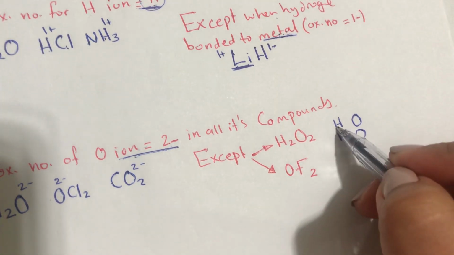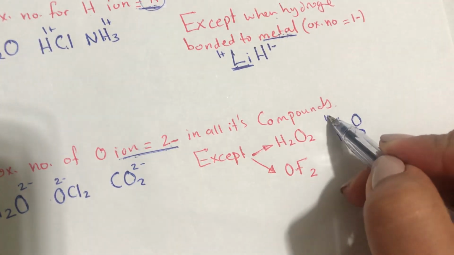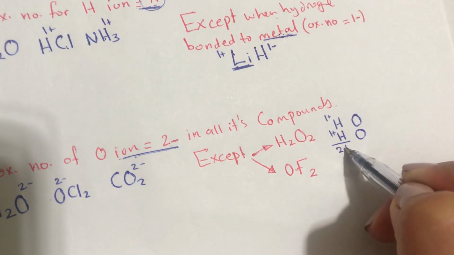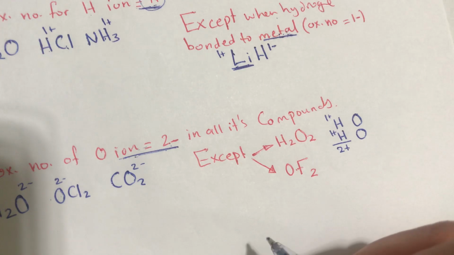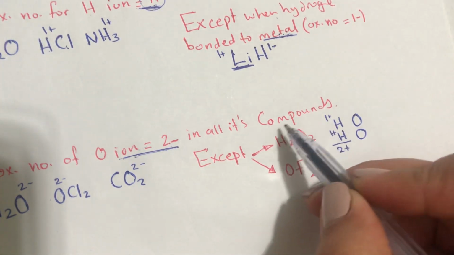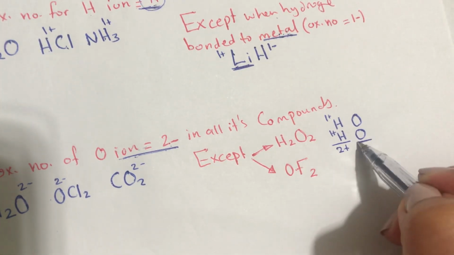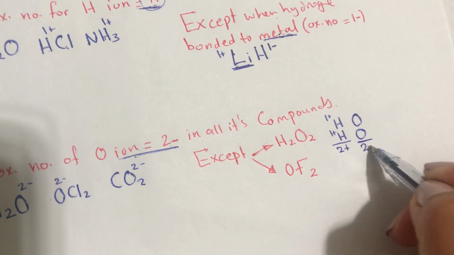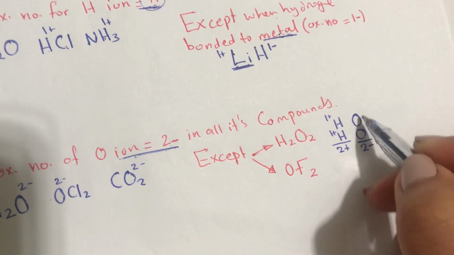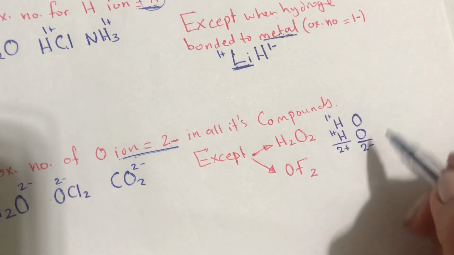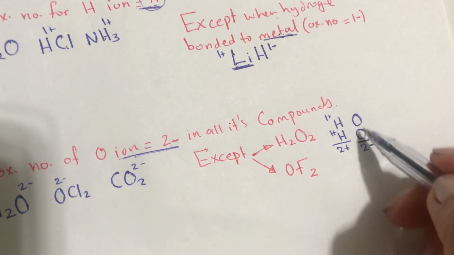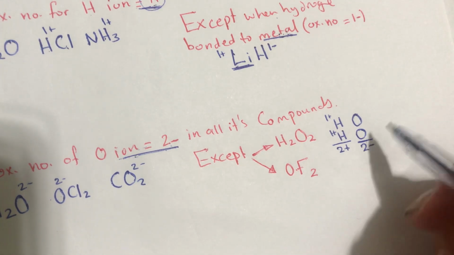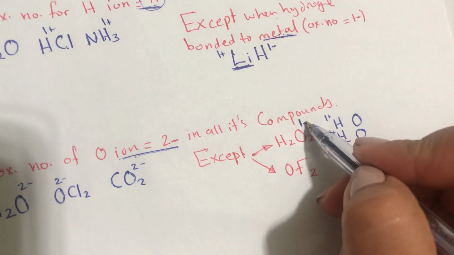The oxidation number of hydrogen is +1, so the total is +2. It's a neutral compound, so the total positive charge must equal the total negative charge. So the total negative charge equals -2. You have 2 oxygen atoms with total -2, so each carries a -1 charge.